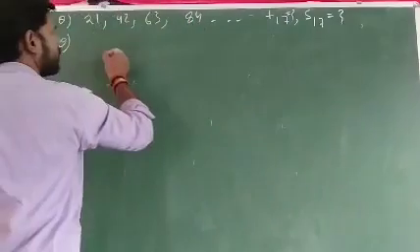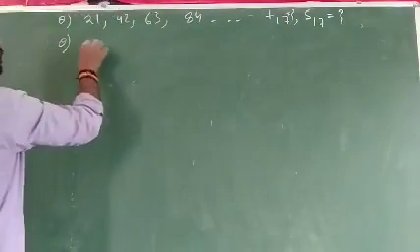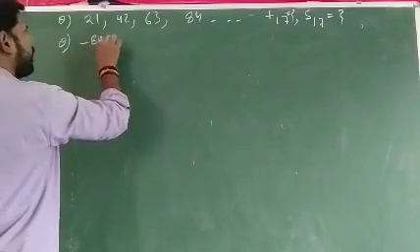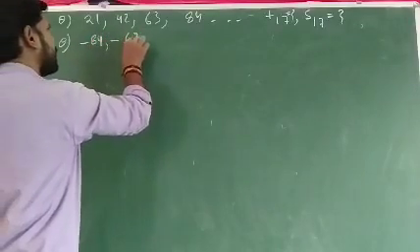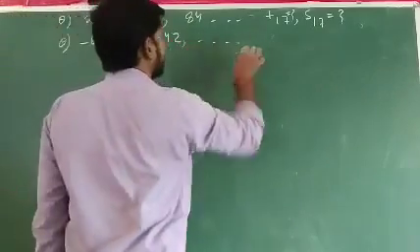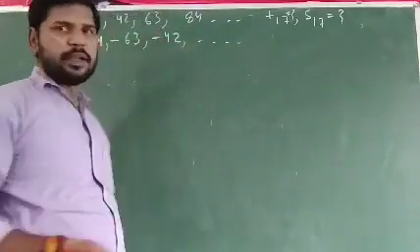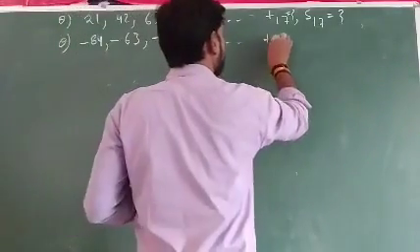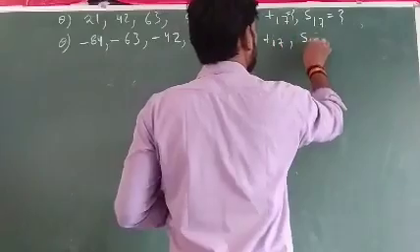Suppose it is given the same question, I can write like this: minus 84, minus 63, minus 42, dot dot dot, and it is asked to find T17 again, and S17.